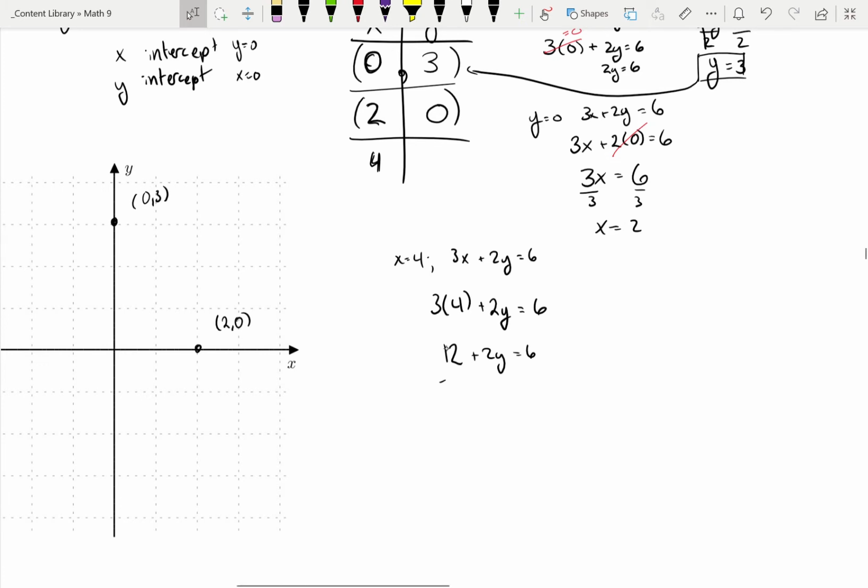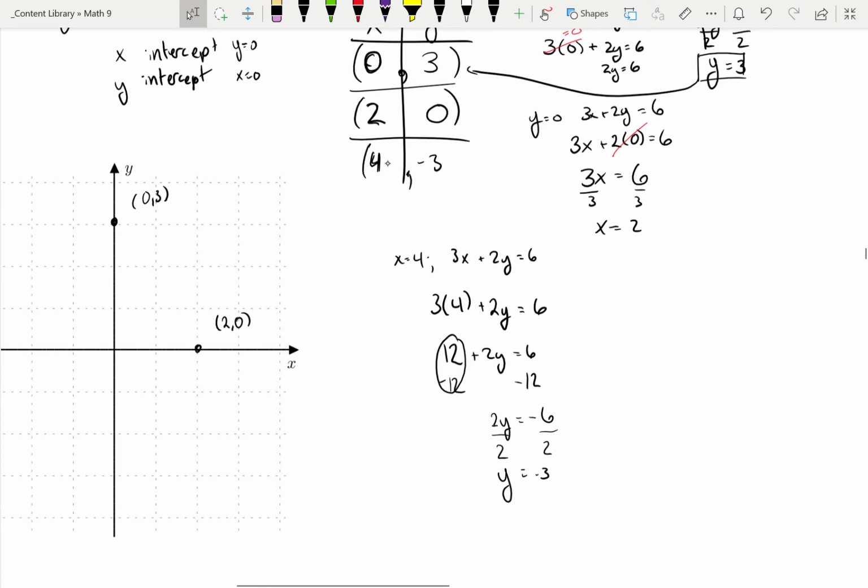What I would do, I'd take away the 12 from both sides first. This cancels out and gives me a big old 0 plus, so on this side, I can drop the plus because there's nothing else. 6 minus 12, I have to be careful, so this is going to be minus 6. So then I have 2y equals negative 6. Divide both sides by 2, and I get y is equal to negative 3. So I'll put negative 3 here.